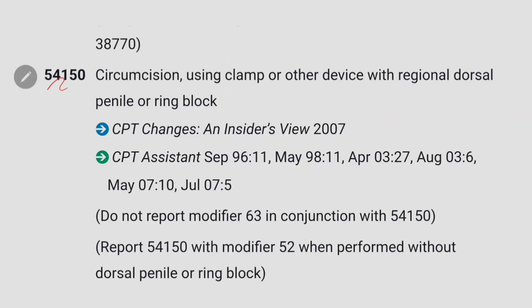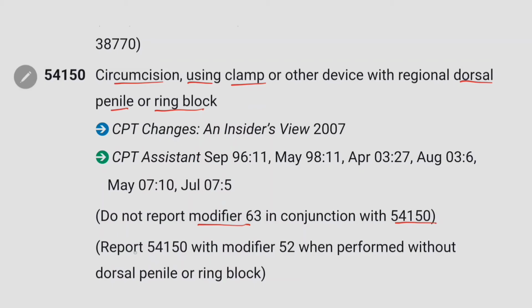Let us start with the first guideline for male genital system, that is circumcision. 54150 is the code for circumcision using clamp or other device with regional dorsal penile or ring block. And remember that do not report modifier 63 in conjunction with 54150.